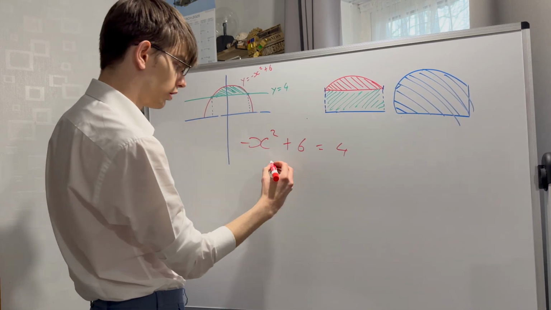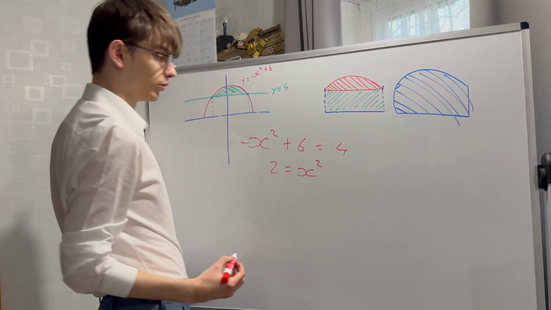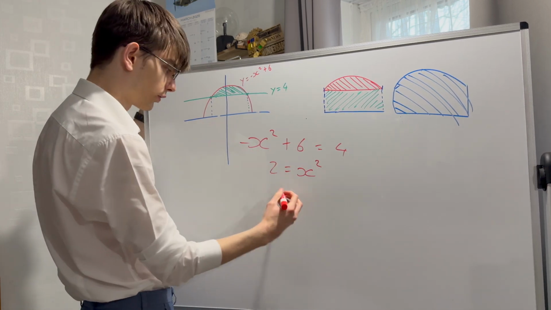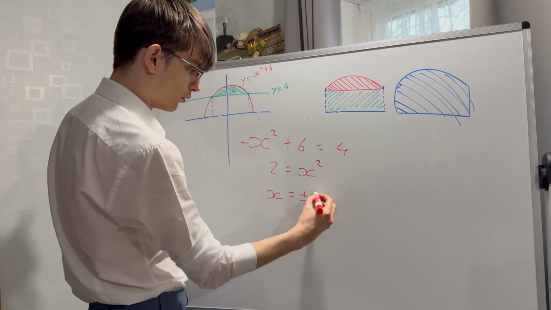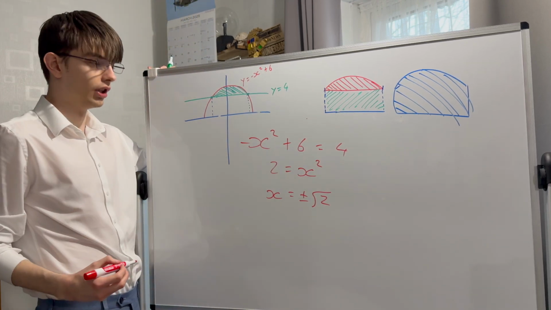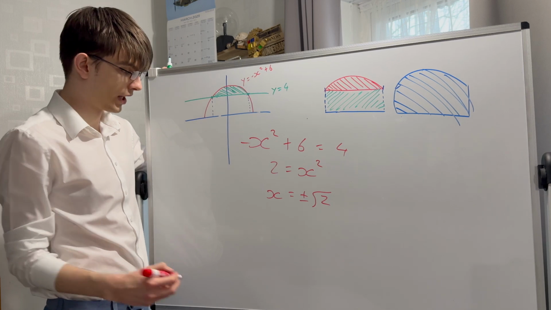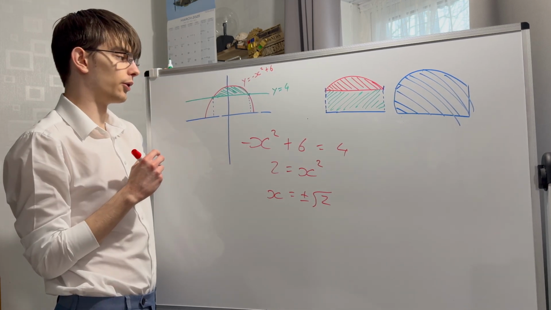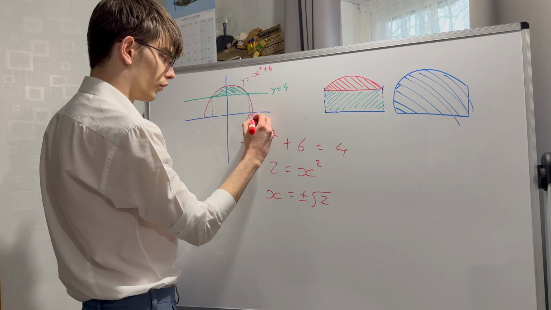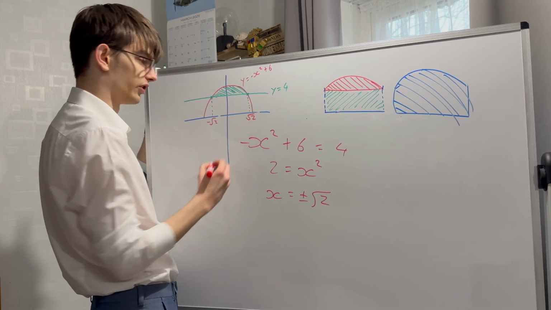So I end up with 2 is equal to x squared, minusing the 4, adding the x squared. So x is equal to plus or minus root 2, which is delightful. I really wish I'd picked better numbers, but we'll go with it. X is plus or minus the square root of 2. So here I've got root 2, and here I've got minus root 2.